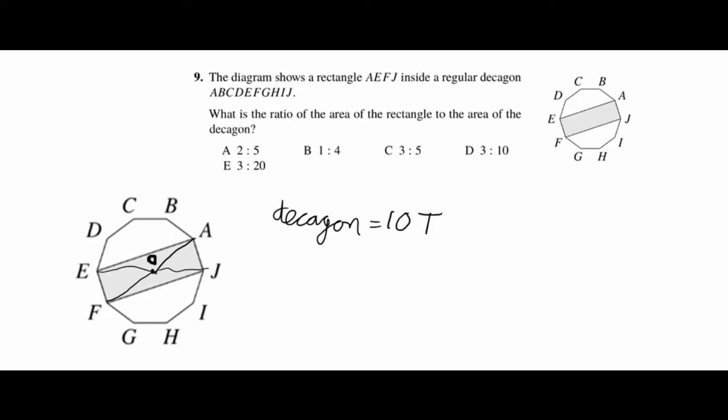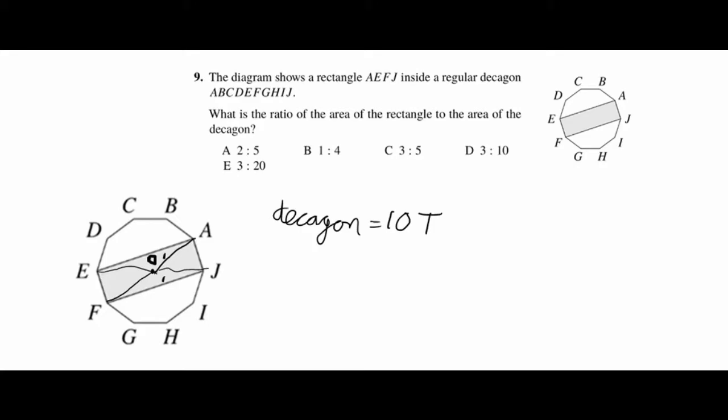Now, however, let's consider the triangles EOA and FOJ. Well, clearly the triangle FOJ has the same base as the rectangle, but only half the height of the rectangle. And so FOJ and EOA are each a quarter of the area of the rectangle.